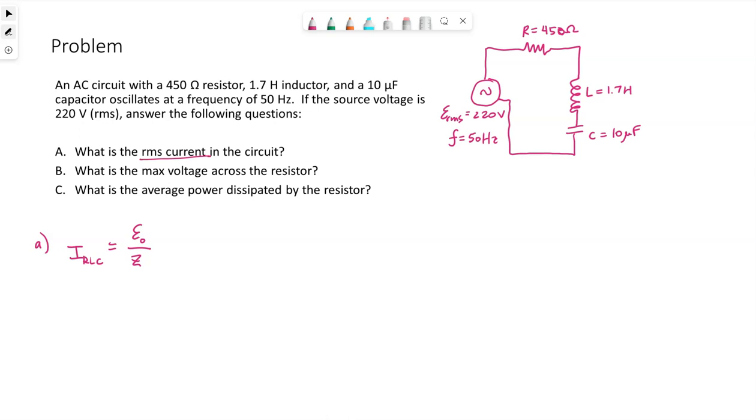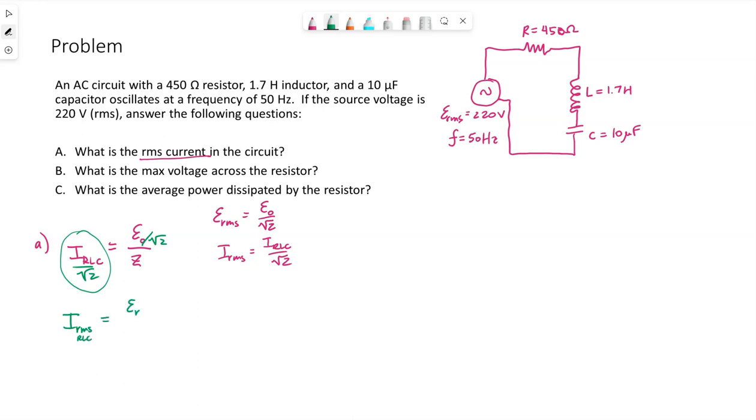Well, the RMS voltage would be the max voltage over the square root of 2. The RMS current would be the max current over the square root of 2. So if I divide both sides by the square root of 2, this is now I RMS for this RLC circuit.